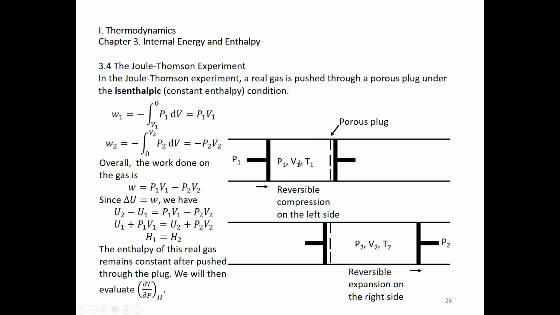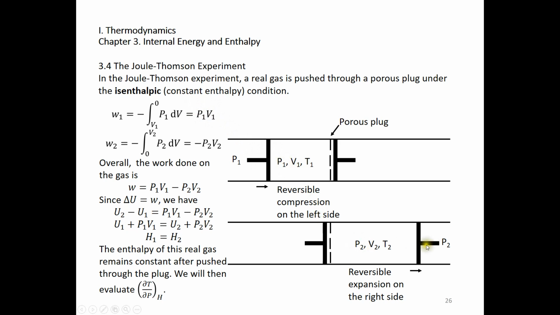On the left hand side, work is equal to negative integral P external dV. P external is set to P1, so we have P1 here, and then we have the integral of dV from V1 to 0. We evaluate this because P1 is constant, then W1 is P1 V1. This is positive because on the left hand side the work is done on the system.